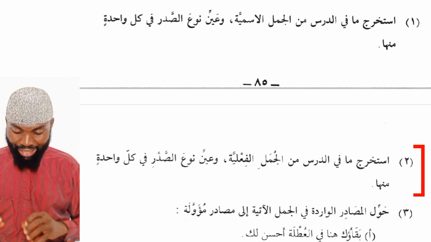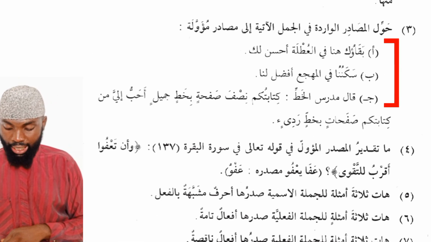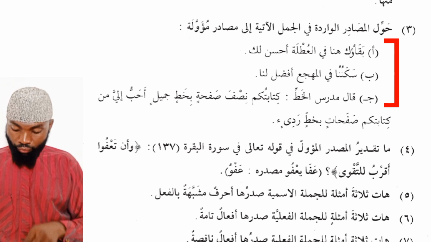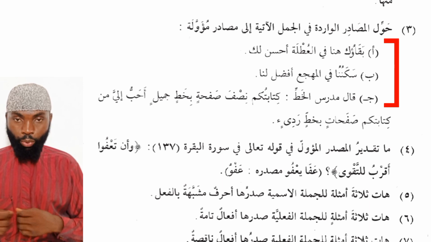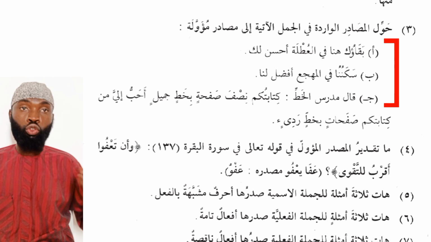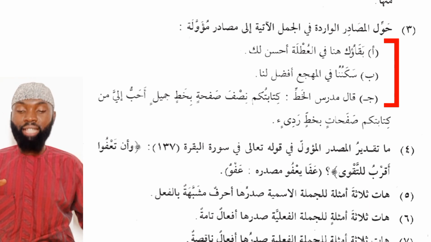Exercise number 3, we have حول المصادر الواردة في الجمل الآتية إلى مصادر مؤولة. All of this masdar, that is infinitive form of verbs that we have here, you are to change them to masdar mu'awwal, that we have told you, meaning bring a verb to represent them and the verb should come after an.